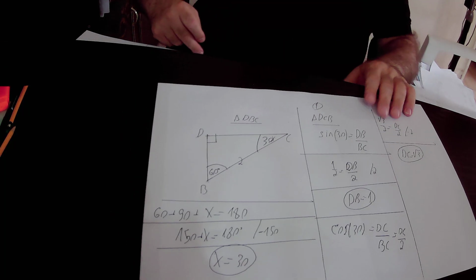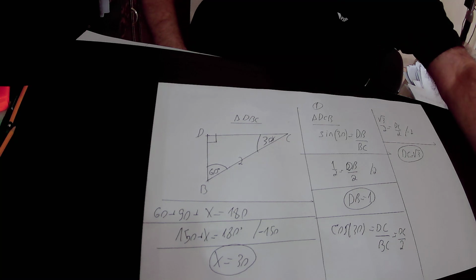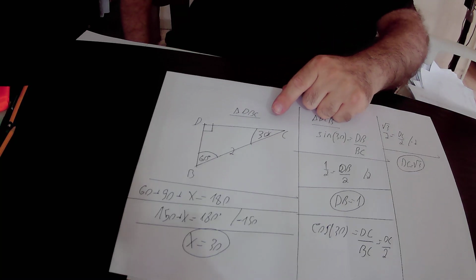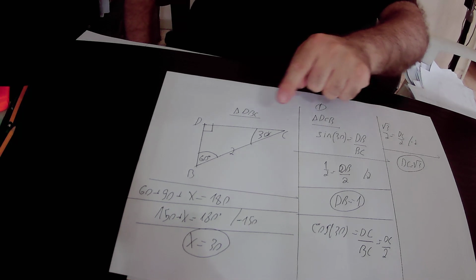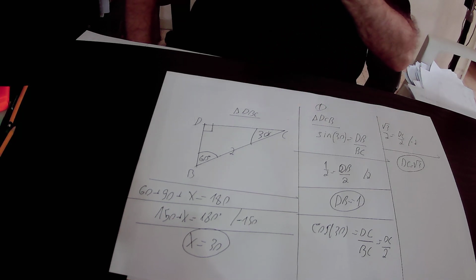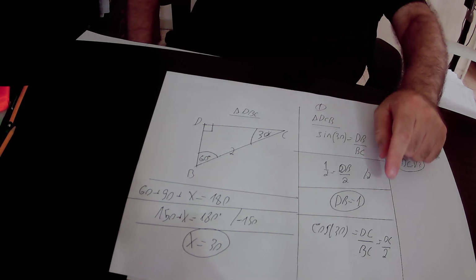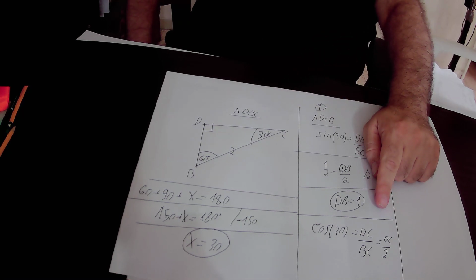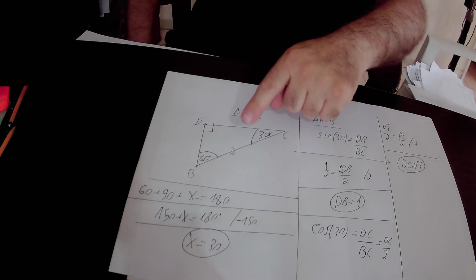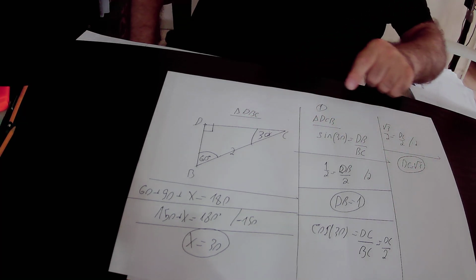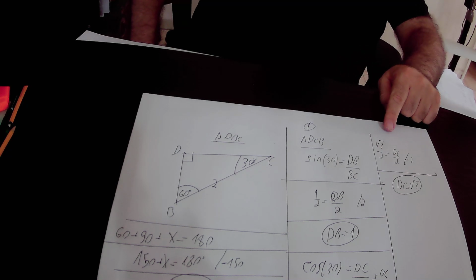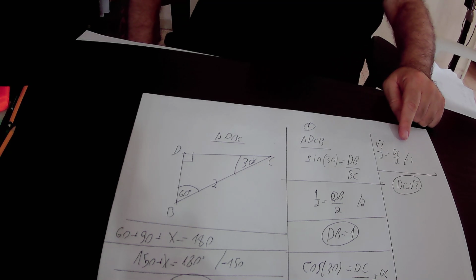We continue to focus on the right triangle DBC. In the right triangle DBC, cosine 30 degrees equals DC over BC, and BC is 2, so we substitute BC by 2. Cosine 30 degrees is square root of 3 over 2, so square root of 3 over 2 equals DC over 2.